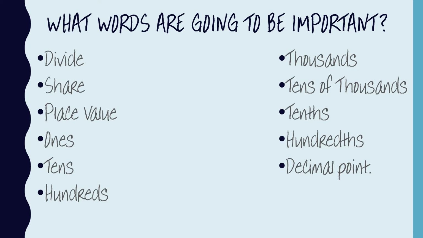I should have really added something else in there, and it is equally, because when you divide something, you share it out equally. And then we've got all of the place value labels, because it's the things that we are going to be talking about.